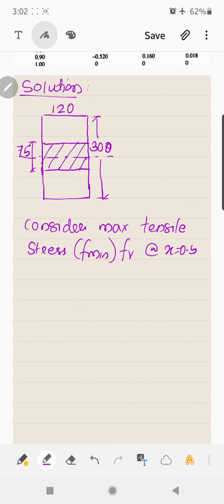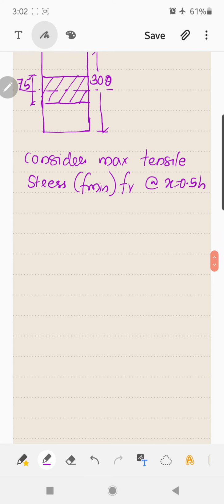We know that the stress will increase from one section to the next section, so we'll assume the maximum at 0.5h, that means half the depth of the section. So x is equal to 0.5 and the depth is 300 mm, so x is 150 mm.